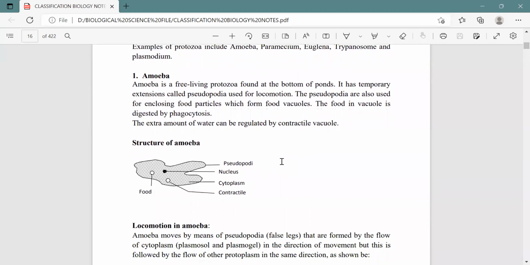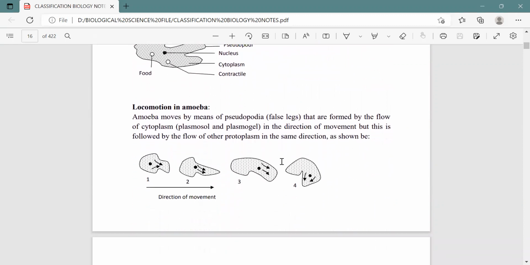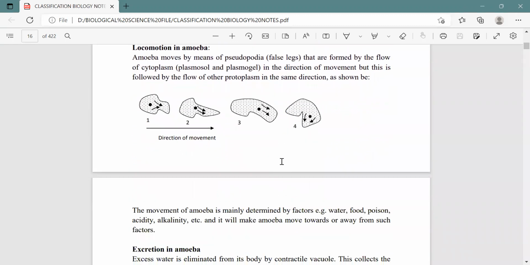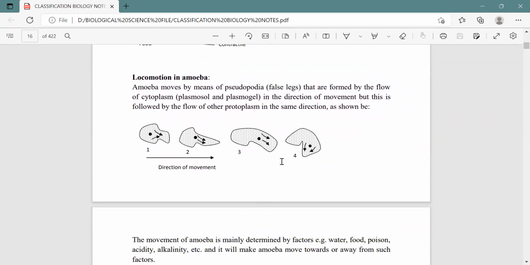So this is what they talk about, the amoeba. You've already met these in your lower level biology. This is how the amoeba can carry out locomotion by means of pseudopodia.